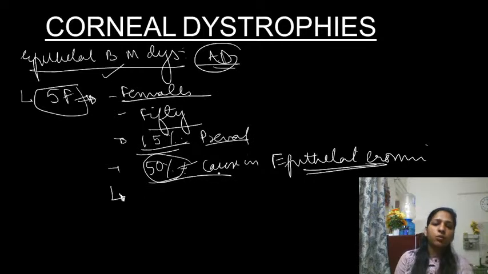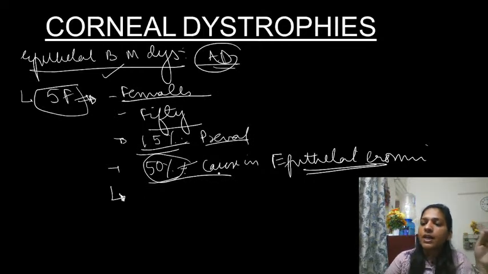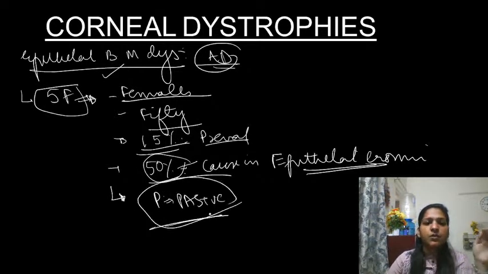And if epithelial erosions are present, then 50% of them will have epithelial basement membrane dystrophy as their cause, and it is PAS positive.